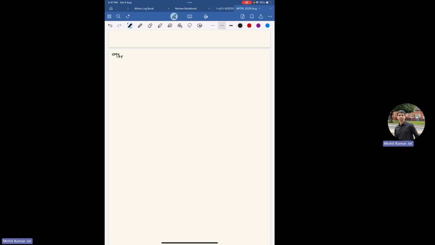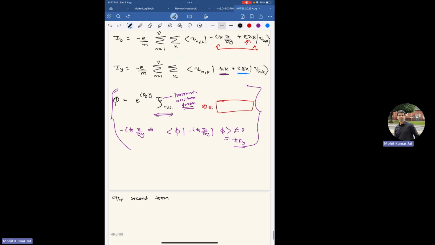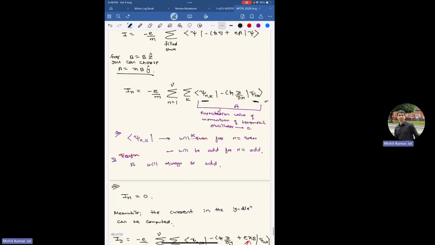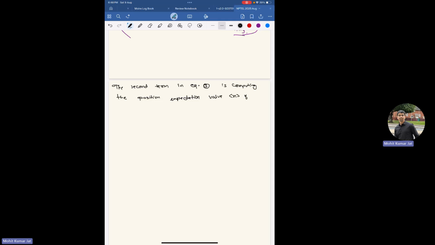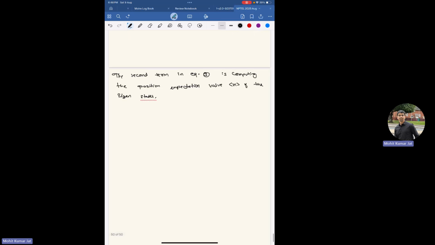The second term of equation, let me call it equation number 3, is computing the position expectation value x of the eigenstate, and we know that these harmonic oscillator states are shifted from the origin, so that the expectation value of x in psi n k is essentially minus h bar k by eB minus m E by eB squared.